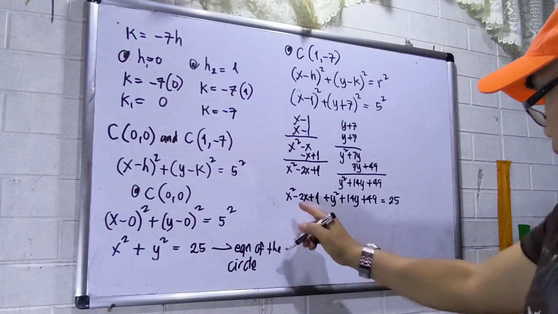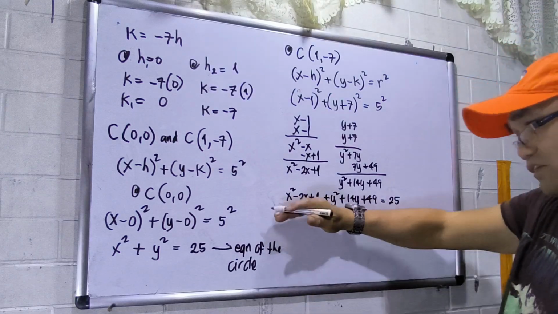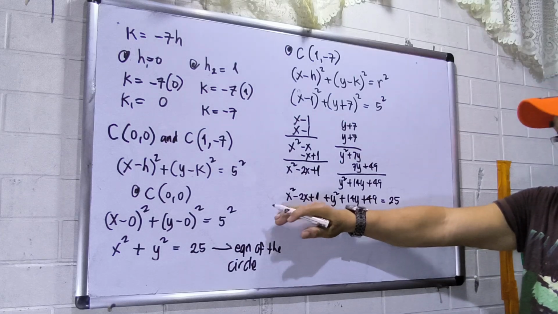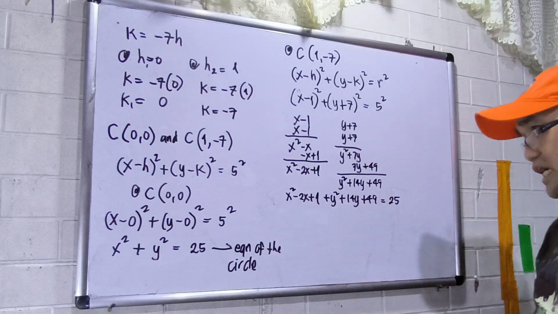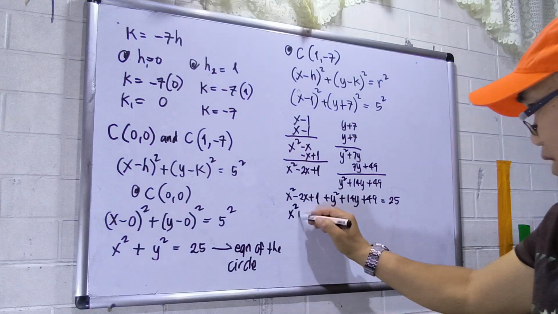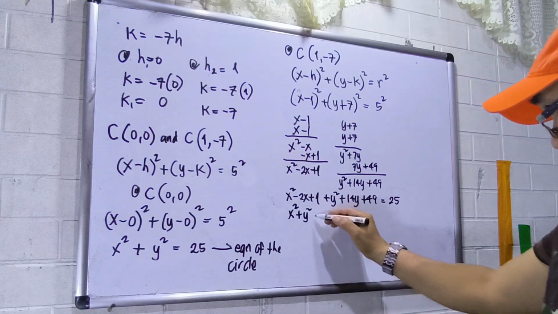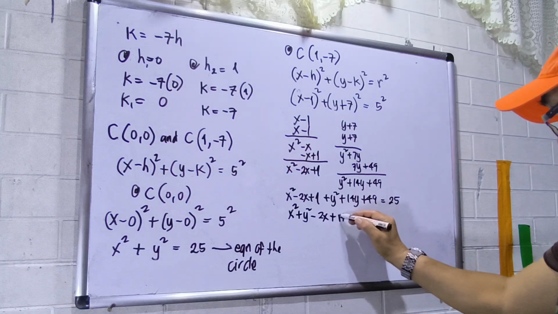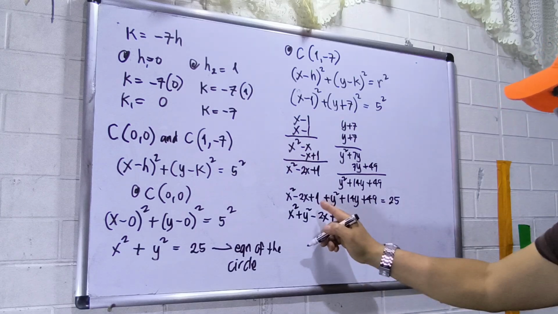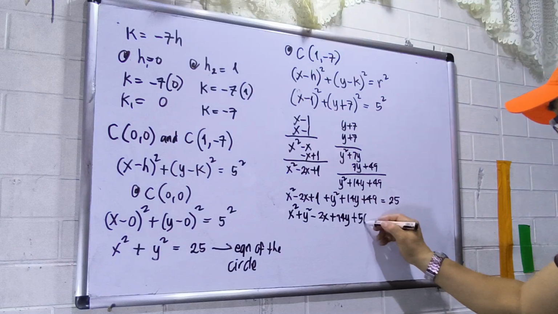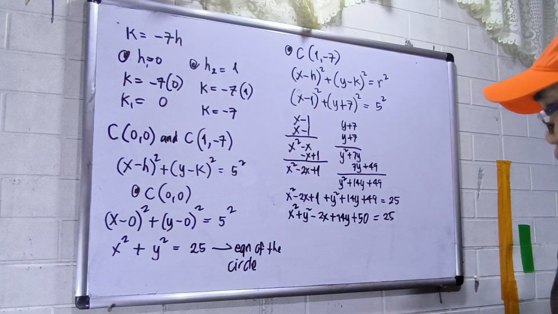Okay, so I will write in a general form for the second equation of a circle. So this will be x squared, then followed by y squared minus 2x plus 14y, then combine this one and 49, that will be 50, is equal to 25.